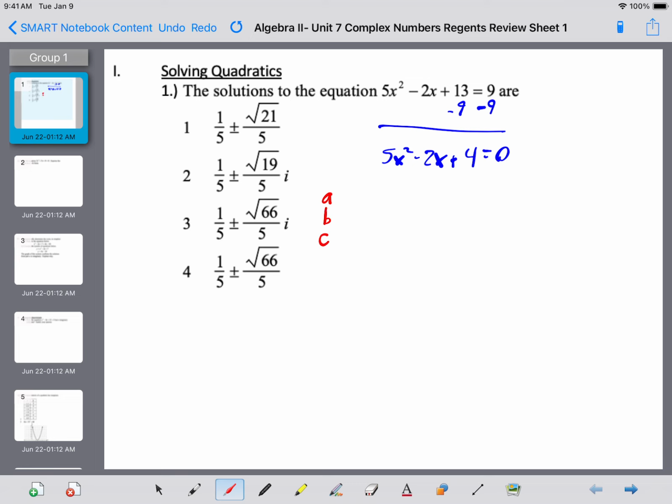List out your a, your b, and your c. The quadratic formula is provided on the Regents reference sheet.